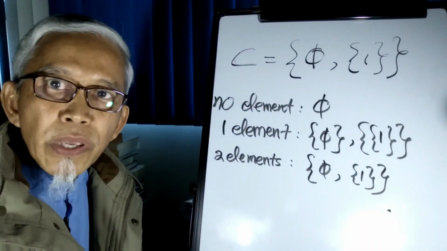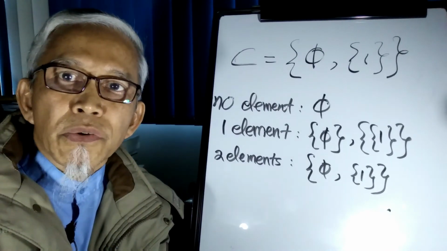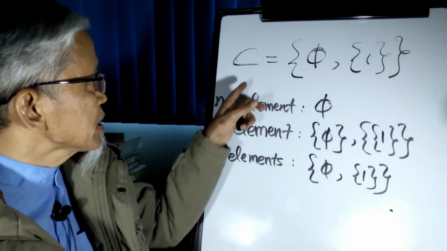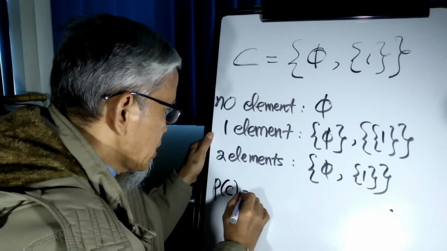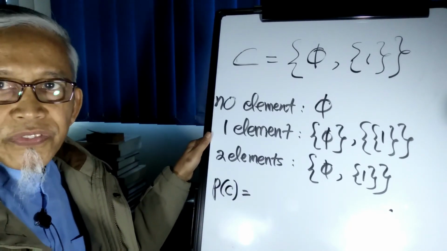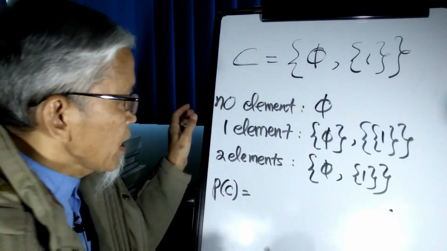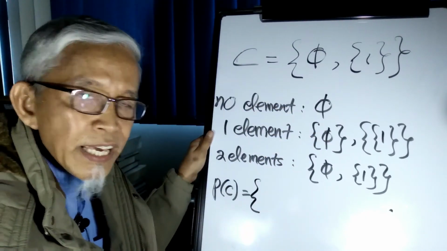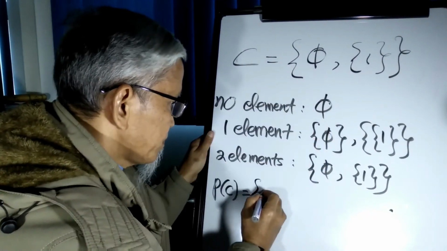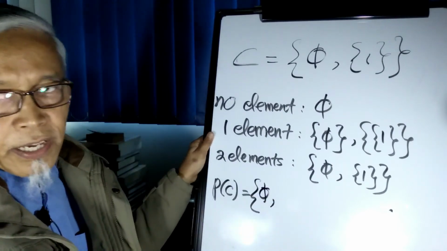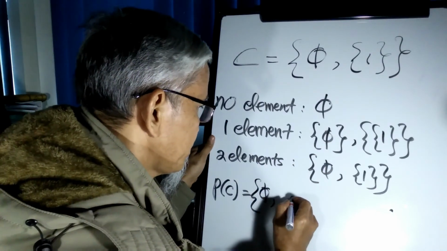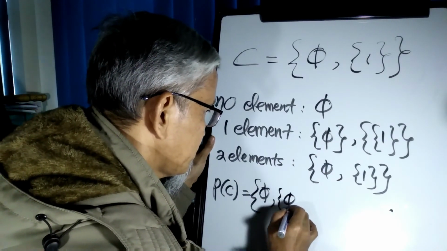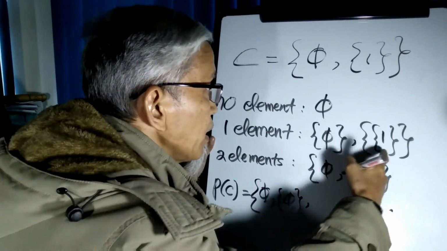Okay, so now we are going to list down the power set of C. So P of C, the power set of C, is equal to, let's put them together. Open bracket first, and then the empty set, this one. The subsets of C with one element, that is this one and that one.